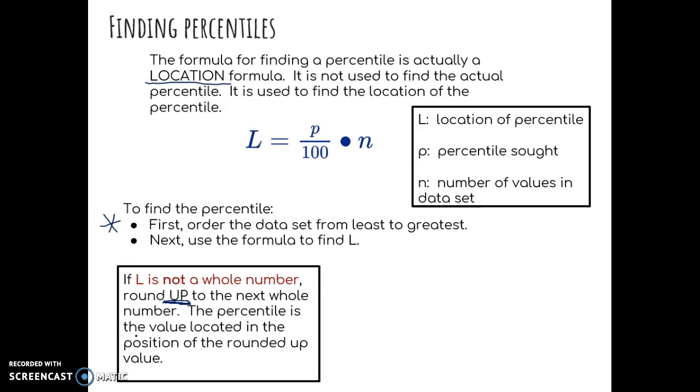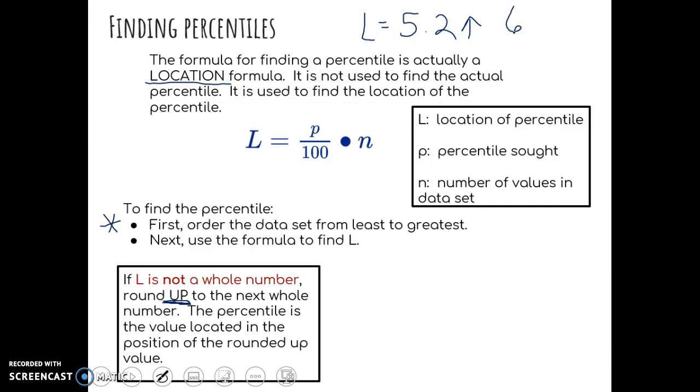For this particular type of problem, if L is not a whole number, you're going to round it up to the next whole number. So if I have 5.2 and I wanted to round that to a whole number, normally I'd round that to 5 because the 2 tells the 5 to stay a 5. But if this were L, the rule says round it up to the next whole number. So the next whole number would be 6.